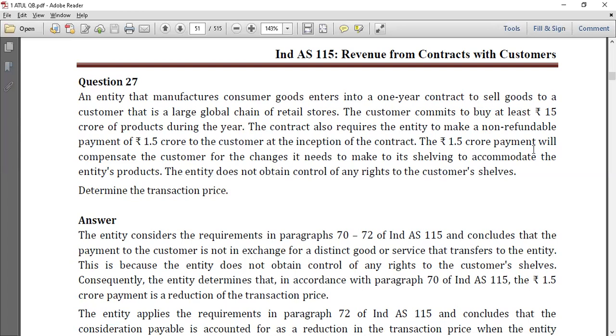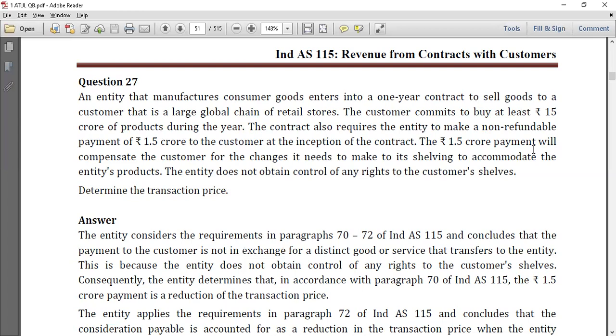The entity applies the requirements of Ind AS 115, and concludes that the consideration that is payable is accounted for as a reduction in the transaction price when the entity recognizes the revenue for the transfer of goods. Consequently, as the entity transfers the goods to the customer, the entity reduces the price taken for each good by 10%.